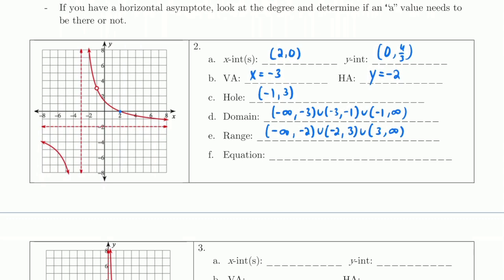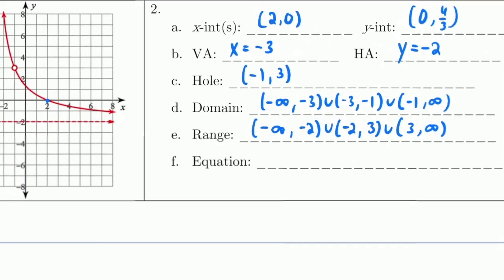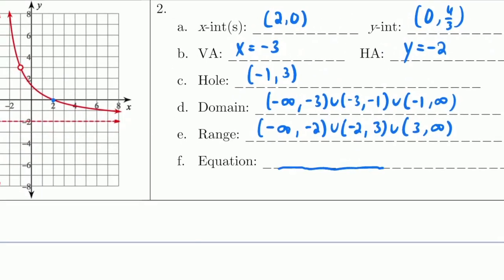So let's work from the top. My x-intercept, I find that by setting my numerator equal to 0. So the zero of 2 is going to be x - 2. So I know on my numerator here, I'm going to have a factor of x - 2.